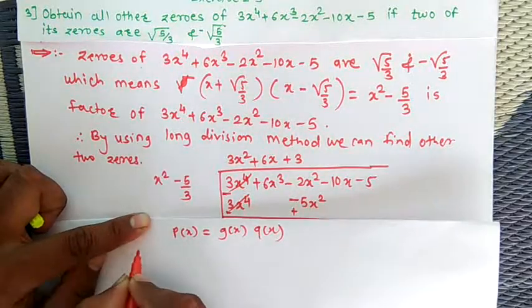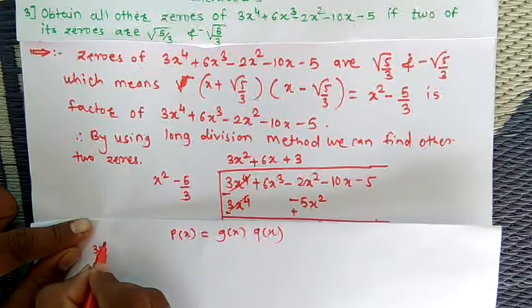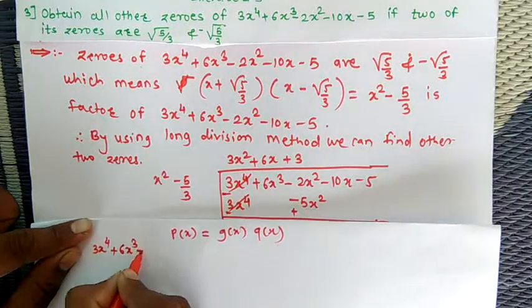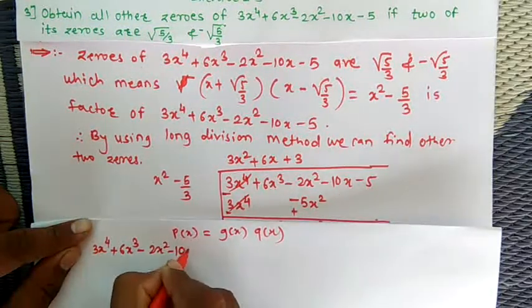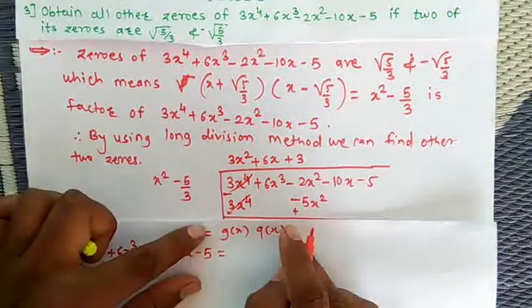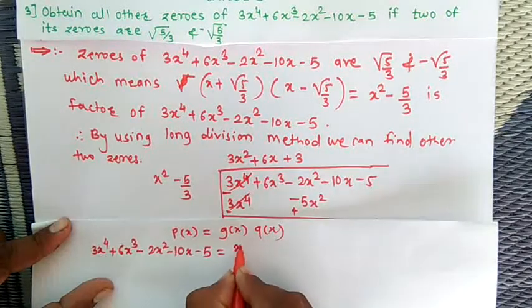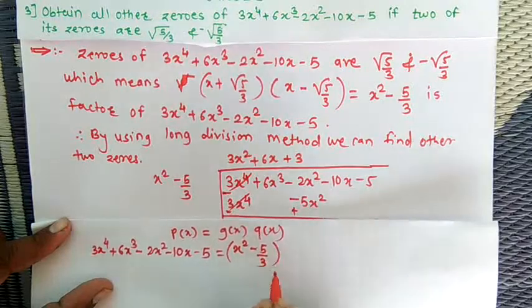Now we will write here P of x is equal to 3x raised to 4 plus 6x cube minus 2x raised to 2 minus 10x minus 5, which is equal to g of x, the divisor, x square minus 5 by 3 in one bracket.